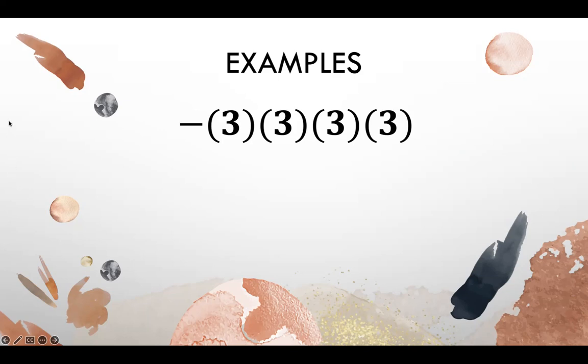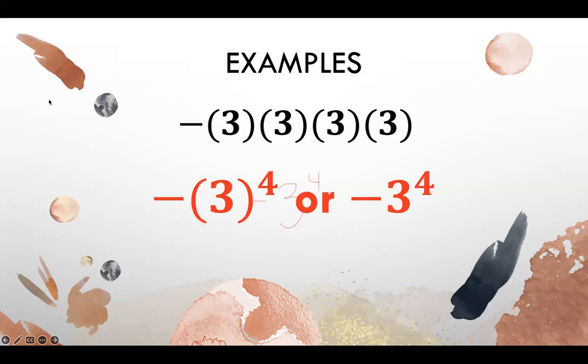No, meaning to say, only the number 3 is being raised by 4. Negative is not. Which means the answer is negative 3 raised to the power of 4. Okay, you can write the answer like this one or like this one.